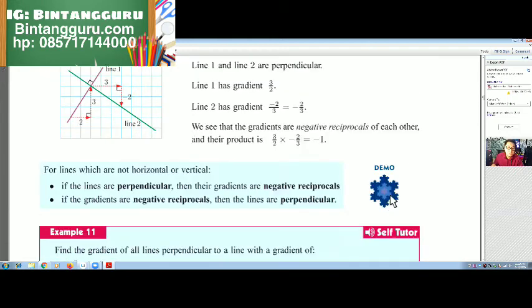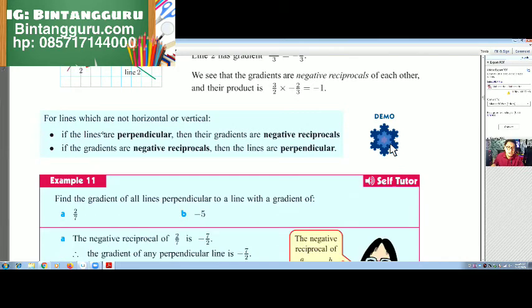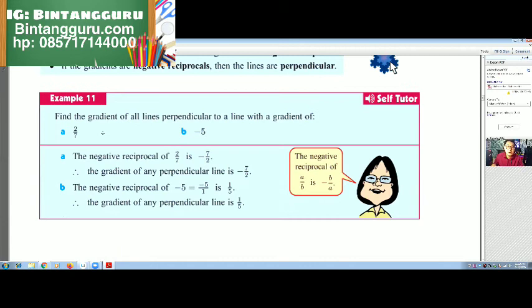So if the lines are perpendicular, then their gradients are negative reciprocals. Okay, so this is the example.